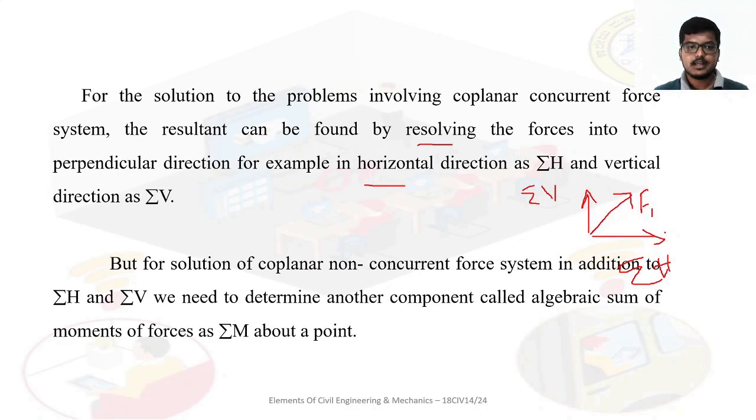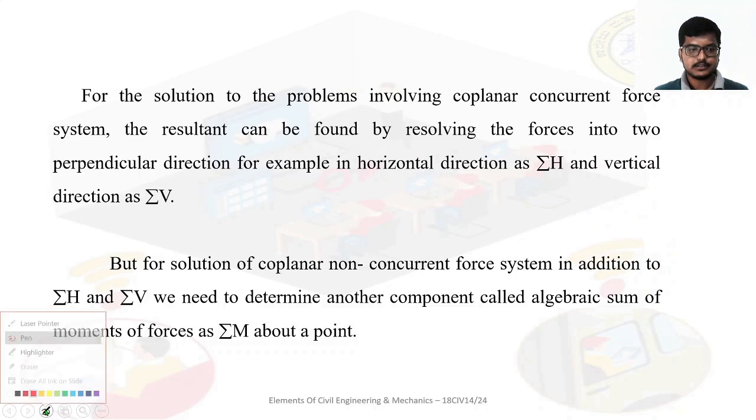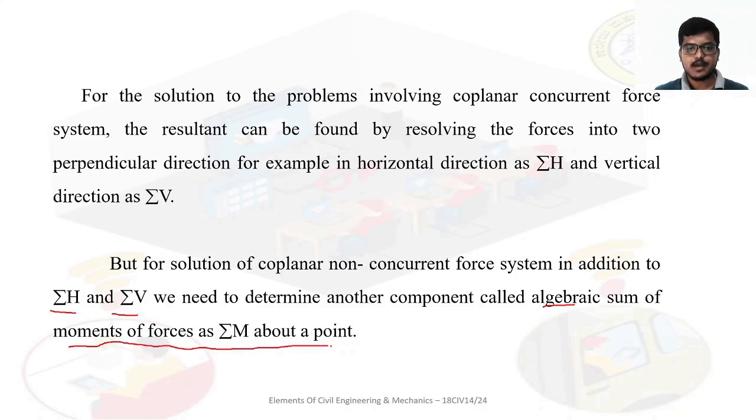But for the solution of a coplanar non-concurrent force system, in addition to sigma H and sigma V, we need to determine another component, the algebraic sum of the moments of forces, sigma M about a point. We should calculate the moment about the point.